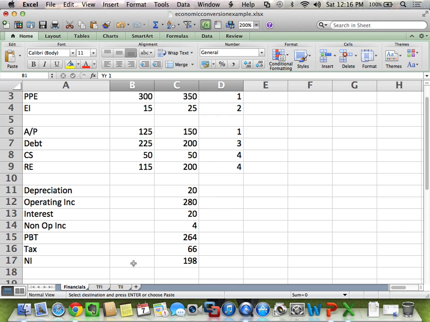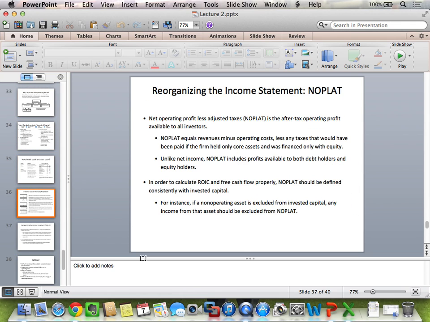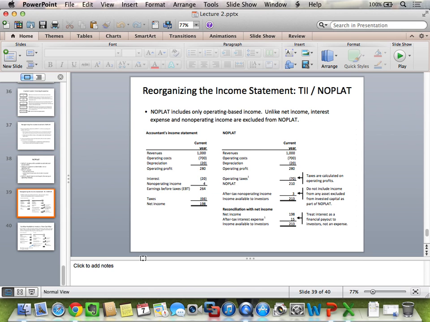Now, on the McKinsey income statement, which this is based on, revenues, operating costs, and depreciation are all operating. We assume revenue comes from your customers. Operating costs support the revenue.